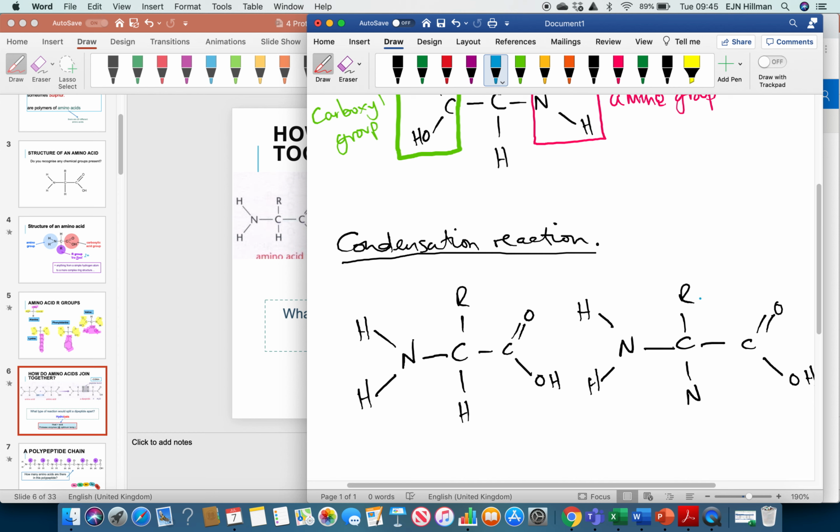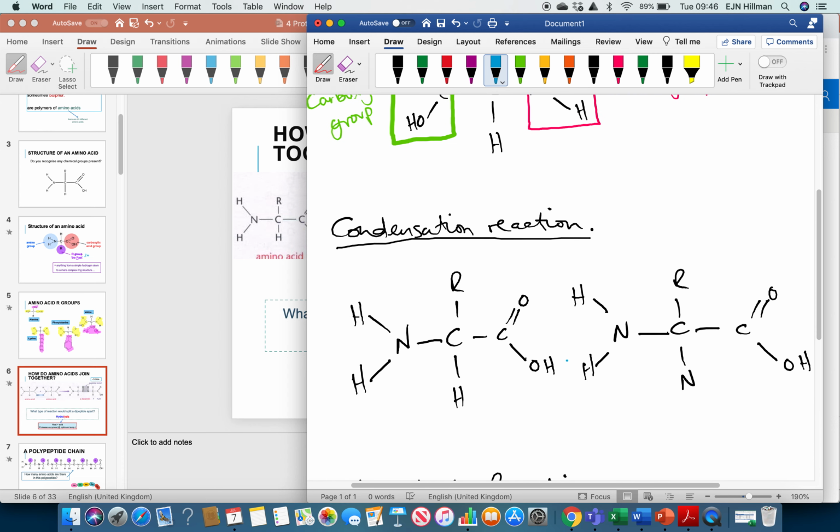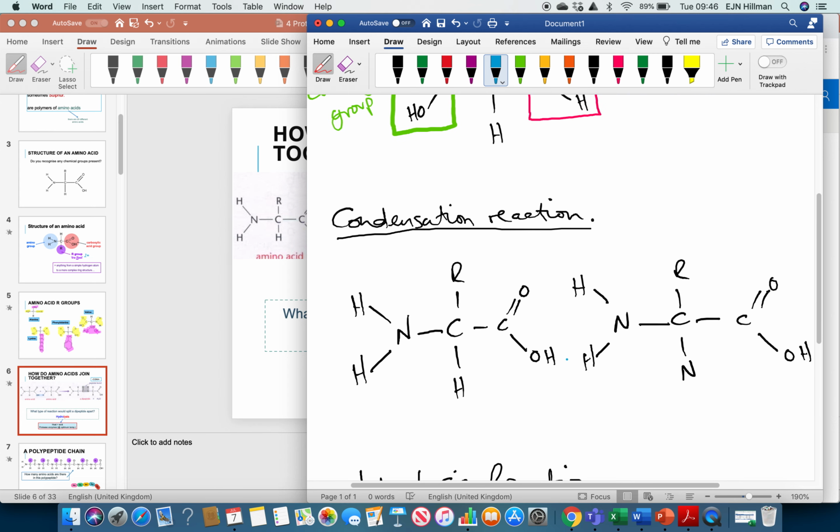In this case, two monomers joining together to form a dimer, so a molecule that contains two of those. And then the release of water from that. So just as you did when we studied the carbohydrates and looked at the condensation reaction between two glucose molecules, for example, we need to look for a place where we can remove a water molecule. So, water molecule, obviously H2O.